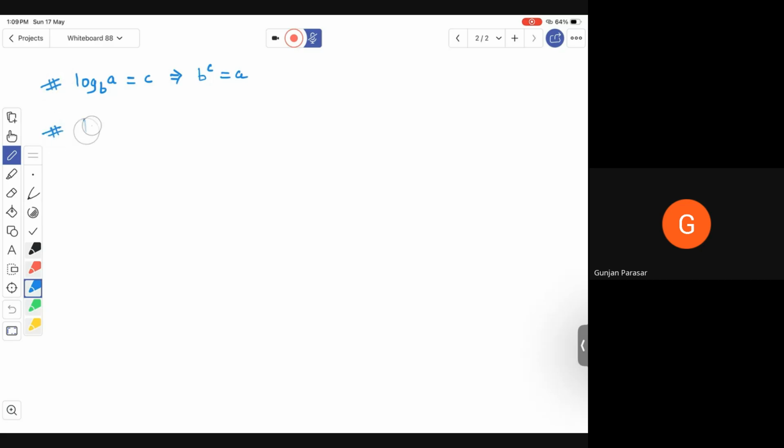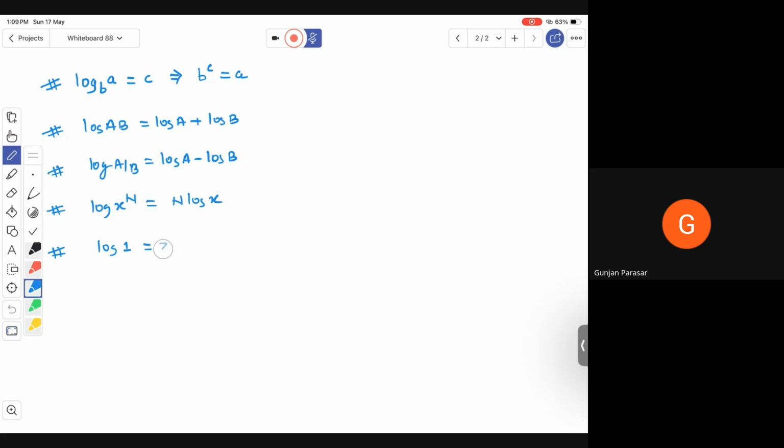Next formula is log A into B is equal to log A plus log B. Next formula is log A by B is equal to log A minus log B. Next one is log x to the power n is equal to n times log x. This is not a formula, this is something you should know. Log 1 is always 0. Then if you get somewhere log 1 by x, that will be equal to minus log x.